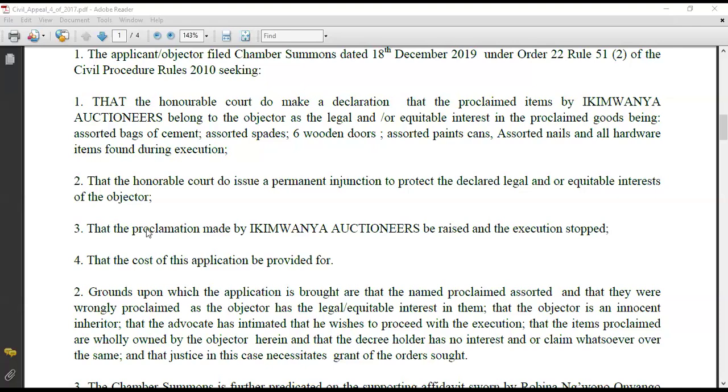JR application, chamber summons. Application to set aside an arbitral award, chamber summons. Or application under children matters, chamber summons.